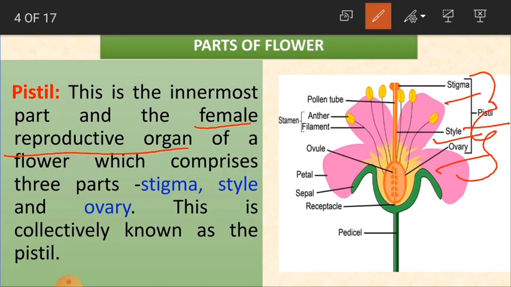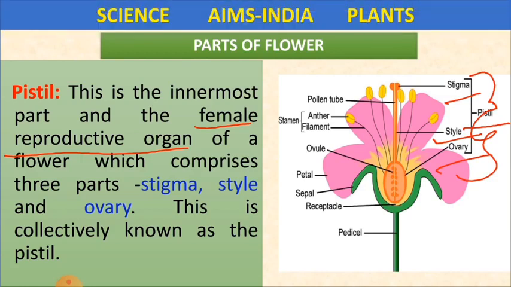And this pistil is the female reproductive organ which helps in giving birth to other plants. Understood, children? As we said earlier, it has stigma, style and ovary. These three together are called the pistil. Okay, children? Pistil consists of three parts.